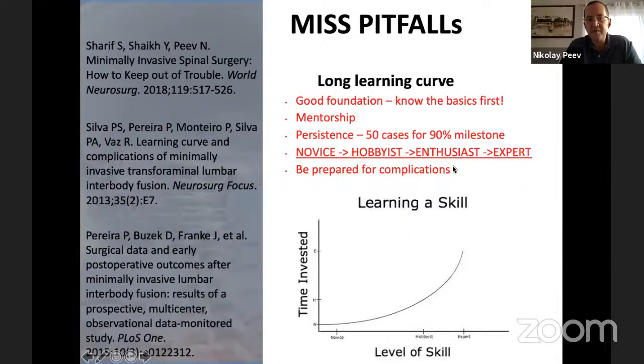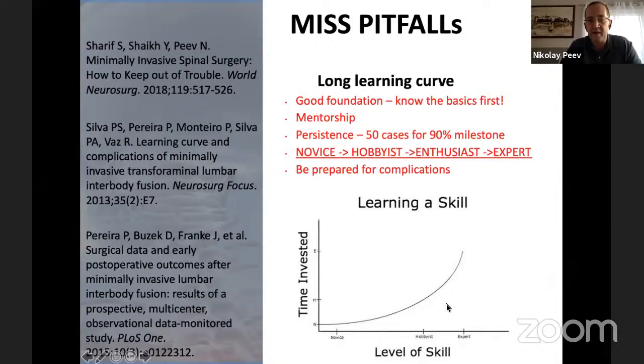Normally you need about 50 cases to achieve a level of initial expertise, but from being relatively inexperienced to become an expert, you need a big number of cases. That's why after the first 50 cases, your expertise will grow a bit slower, and that's why you see the curve is pointed upwards.